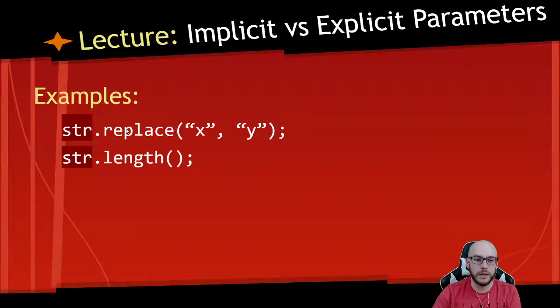This particular replace method is actually going to return a new string, but we're taking in 3 inputs. Replace technically changes all the x's in str to y's in this particular case. We're going to replace all the x's in str with y's. That's what the method does.